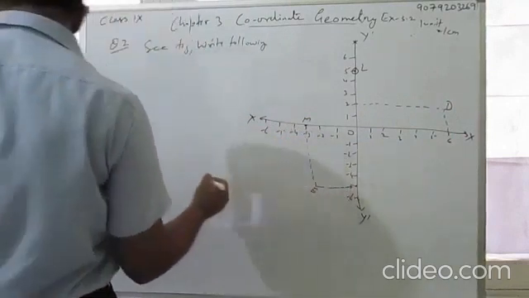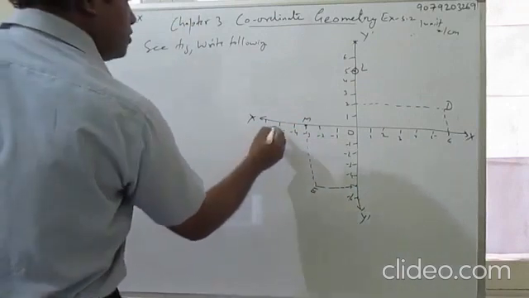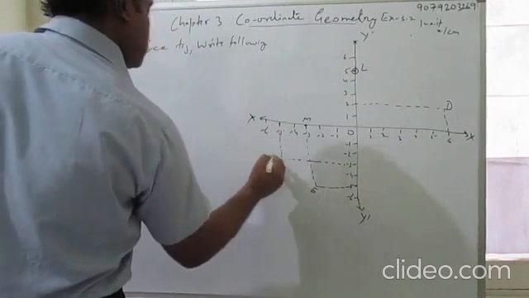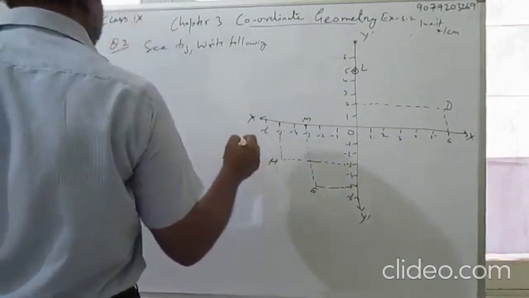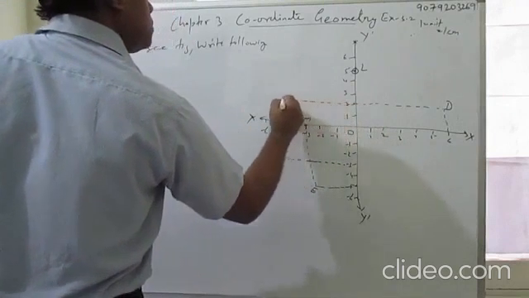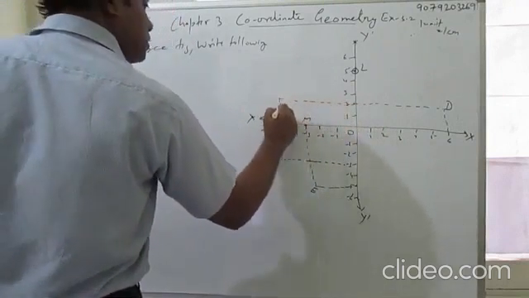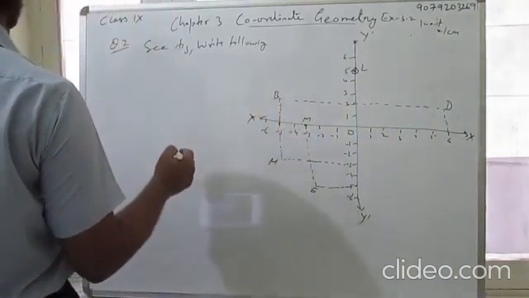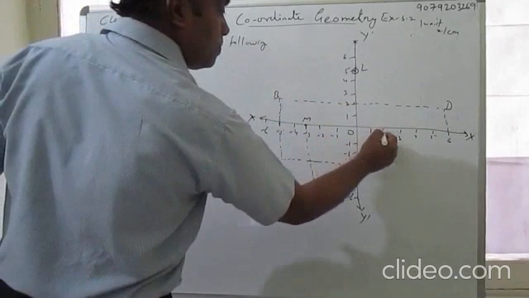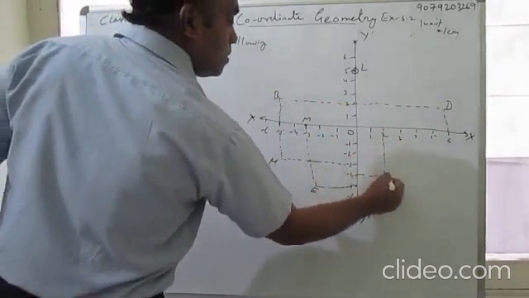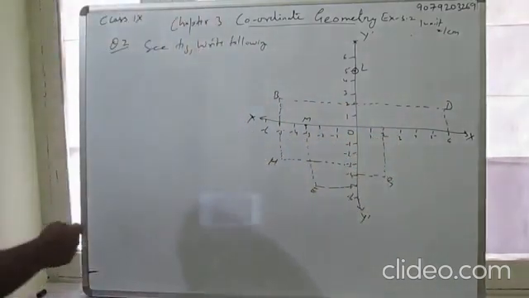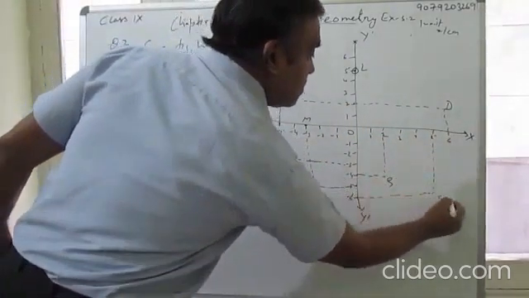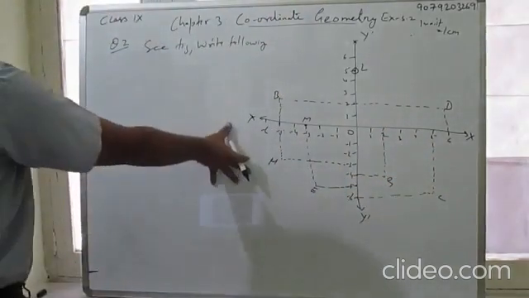This is point E. -5 and -3. This is point H. -1, -2. This is point B. This is D, -4. This is G. And one more point is given to you, that is C. This is your question from your book.